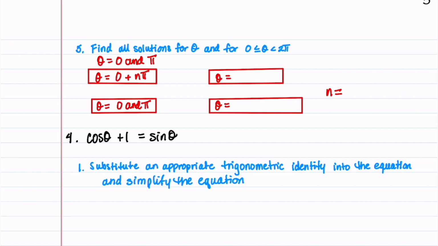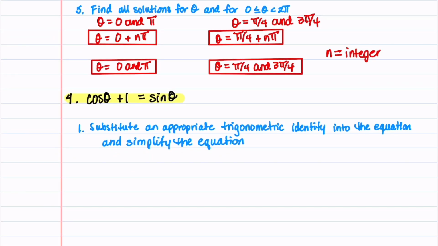For our second equation, we found that theta was equal to pi over 4 and 5 pi over 4. Instead of writing both of them, we can summarize this and say theta is pi over 4 plus n pi. And then between 0 up to 2 pi, theta is pi over 4 and 5 pi over 4. And n is an integer.